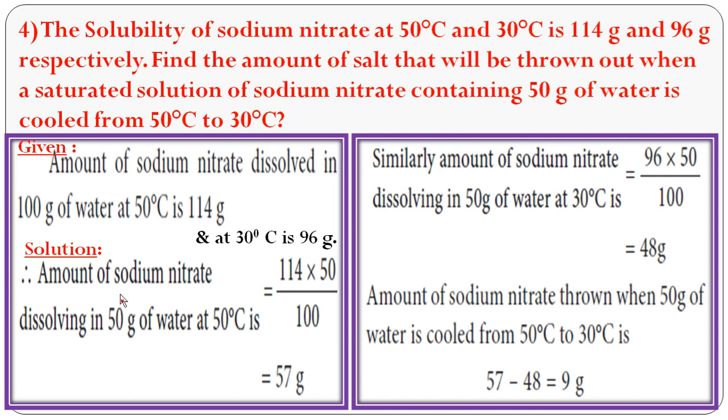So the amount of sodium nitrate dissolving in 50 gram of water at 50 degrees Celsius is equal to 114 by 100 into 50. You have to cancel 0, 0 and cancel 5 and 10. So 114 by 2, that is equal to 57 gram.